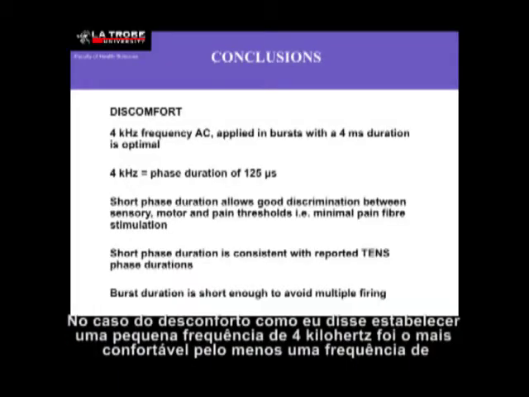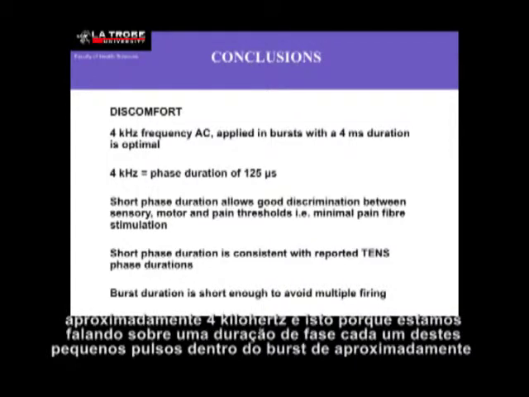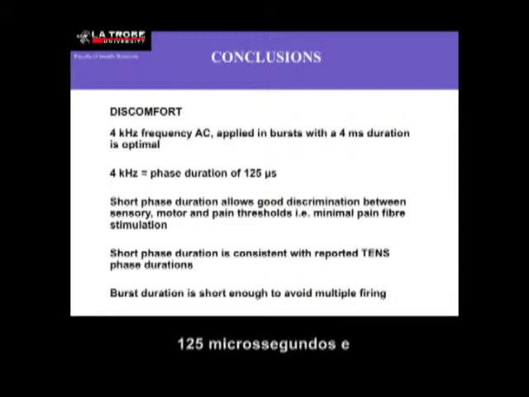In the case of discomfort, as I said, we established that a frequency of around 4 kilohertz was the most comfortable, and that's because we're talking about a phase duration, each one of those little pulses within the burst, of about 125 microseconds.